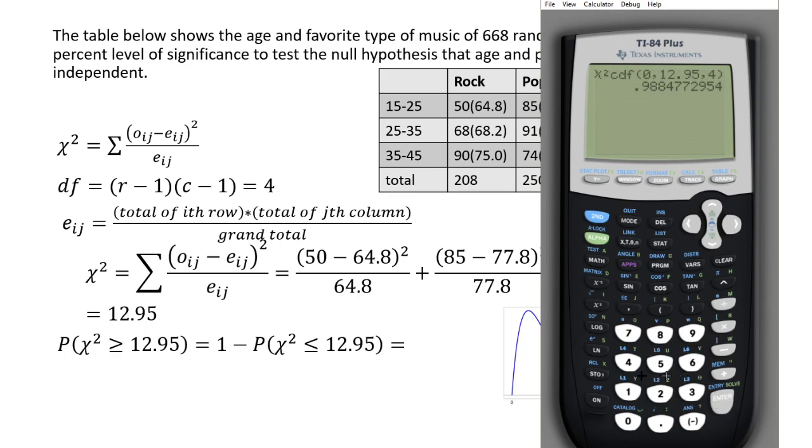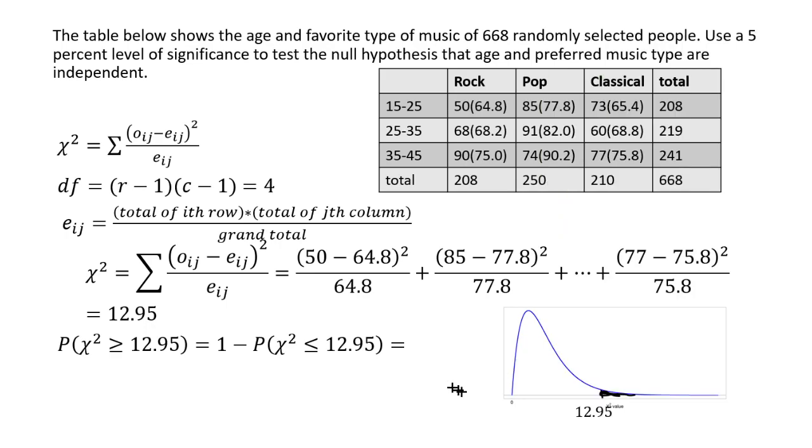0.98847. But because we want to do 1 minus this value, so if you go back and see what we did, we actually found the area between 0 to 12.95, right? So in this picture, we found the area between 0 to 12.95, but we are actually interested in the area after 12.95, so that's why we have to subtract from 1.